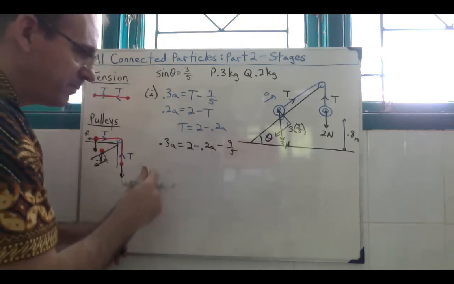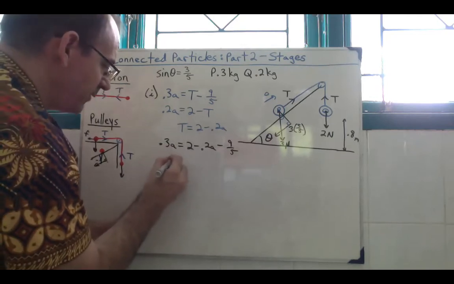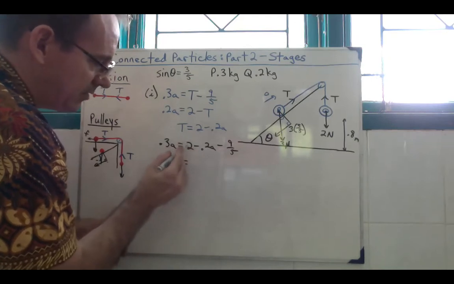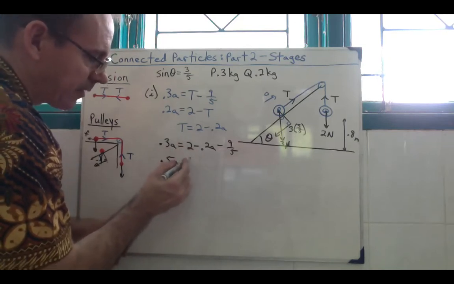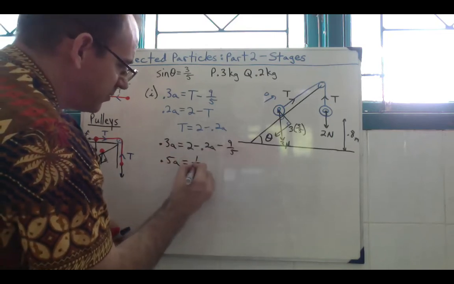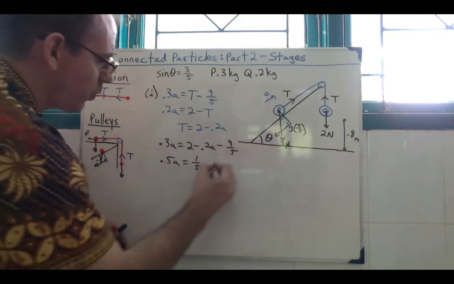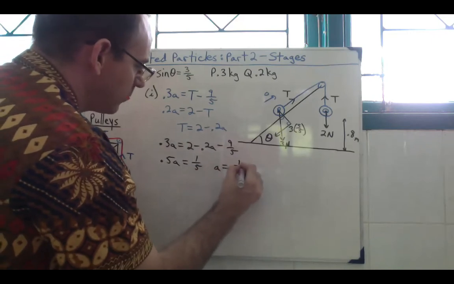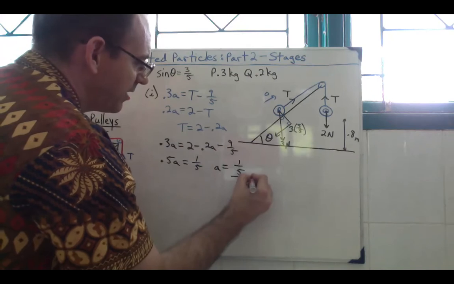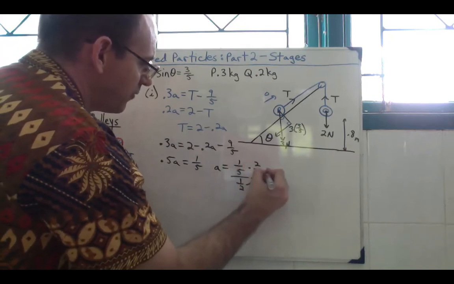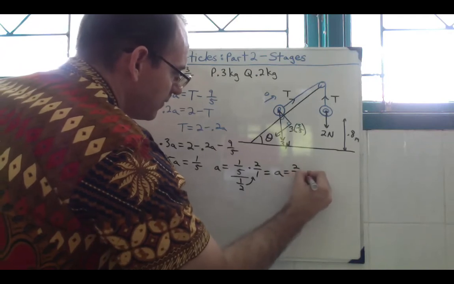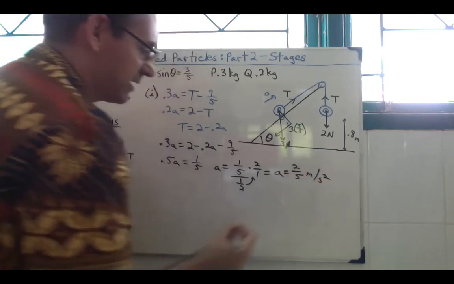So if we add the 0.2 to the other side, that's 0.5 A equals, this would be 10/5. So 10/5 minus 9/5 is 1/5. This is 1/2. So A equals 1/5 divided by 1/2. Same thing as multiplying by 2 over 1. So our A equals 2/5 meters per second squared.